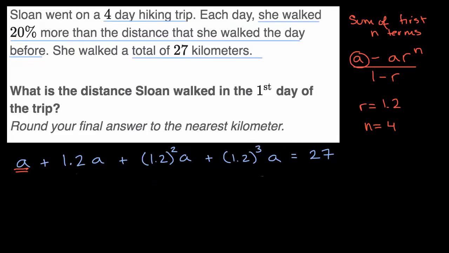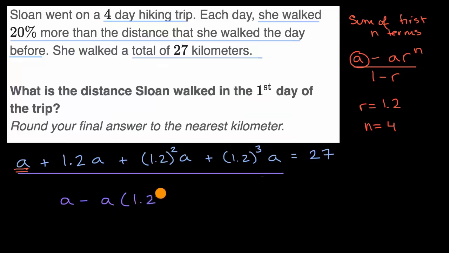And so this left-hand side of our equation, we could rewrite as our first term minus our first term times our common ratio, 1.2, to the fourth power, all of that over 1 minus our common ratio. And then that could be equal to 27.